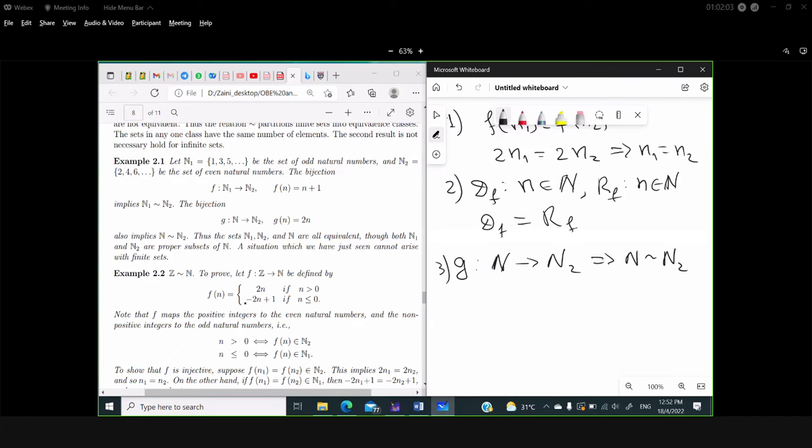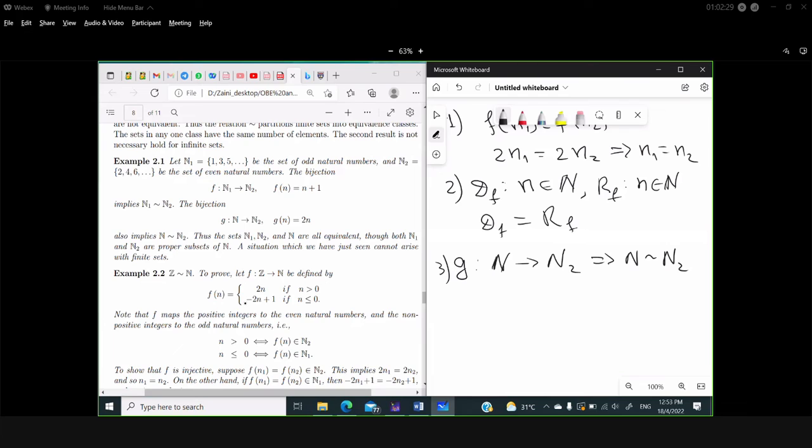Look, actually N has more elements. Look, 1, 2, 3. We have all the elements of the natural numbers. We have 2, 4. Actually, we are skipping the odd numbers. But in terms of equivalence, these two sets are equivalent. You see how we found it?